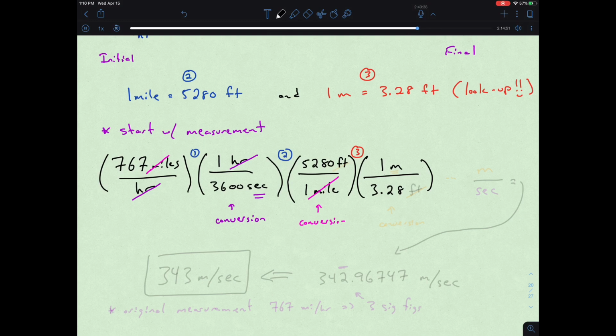And so that is our final conversion. Feet now canceling out. And we're left in finally the desired units, because if we look, we have now meters in the numerator, and we have our seconds in the denominator.